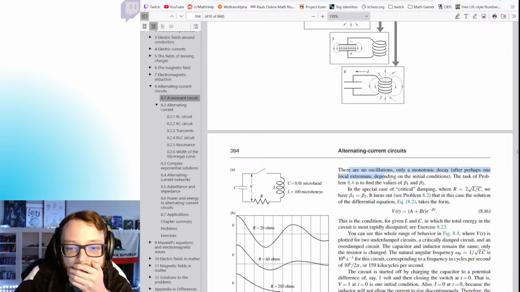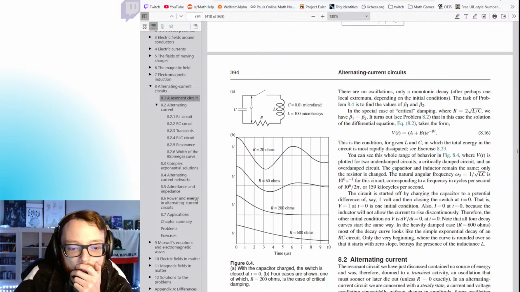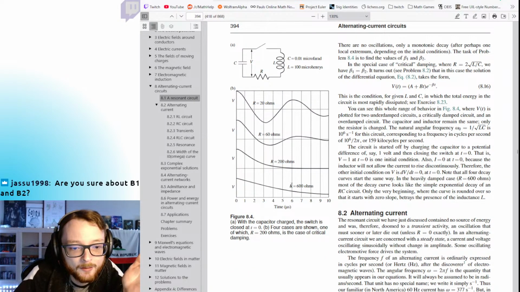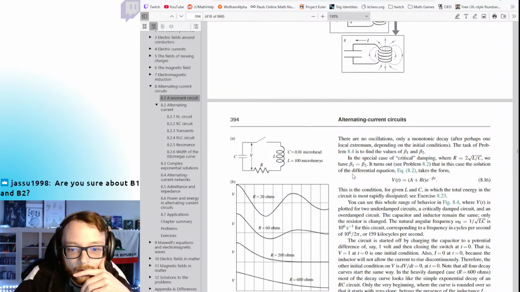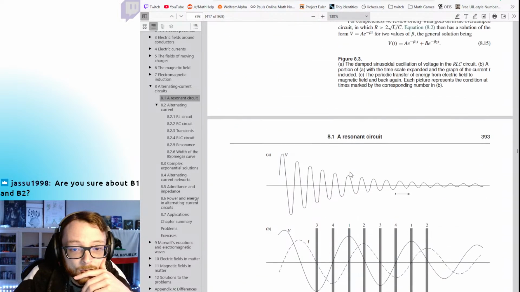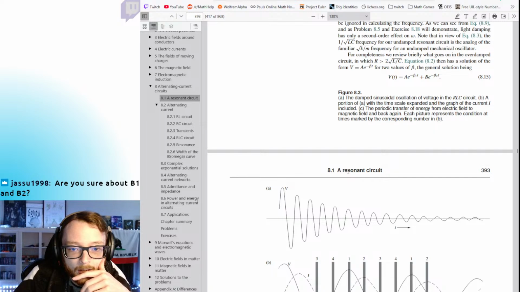There we go. This even makes a reference to 8.4. That's something that we're working on right now. So this is what I've had in my head: this is the overdamped case. It should just trail off to 0. Am I sure about beta 1 and beta 2? Maybe I should think about them more. It's possible that I messed something up.